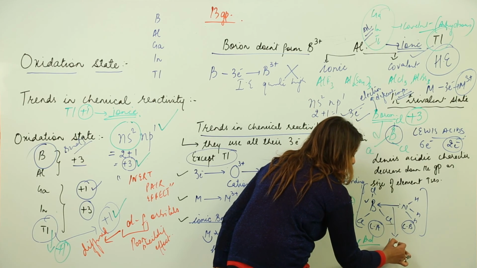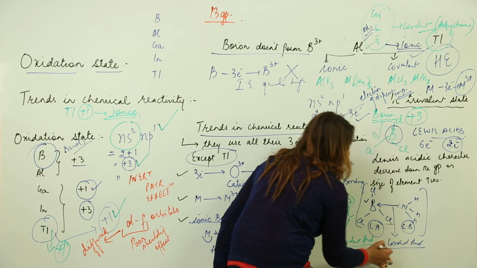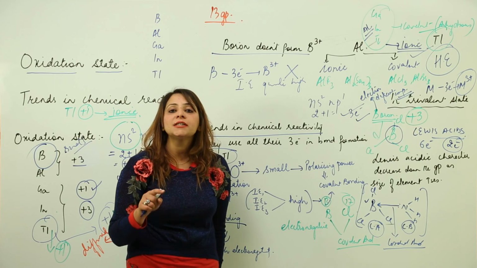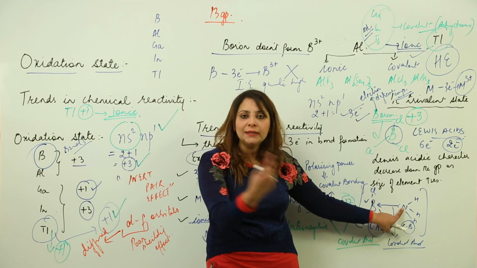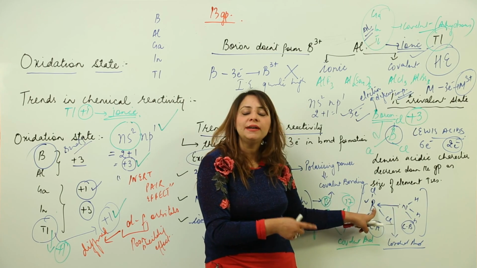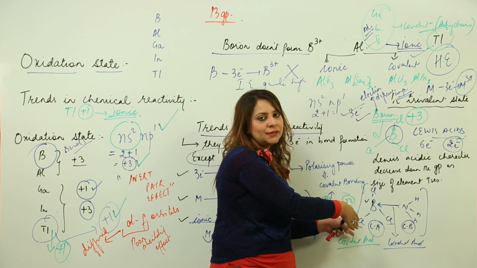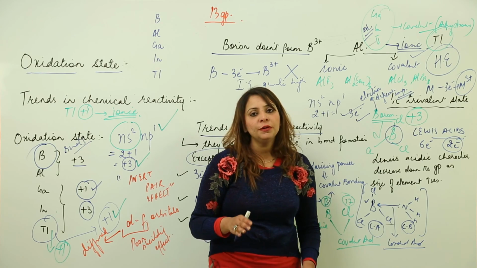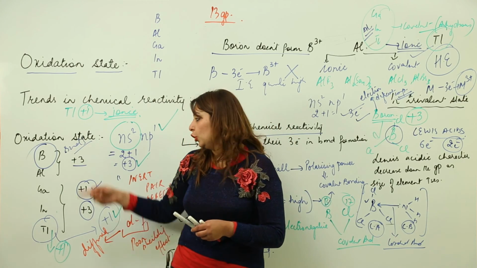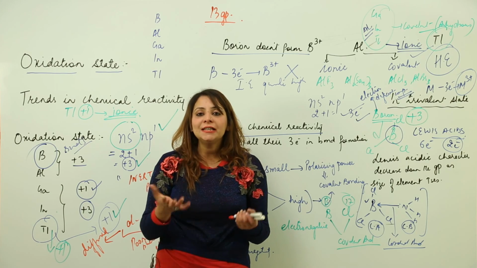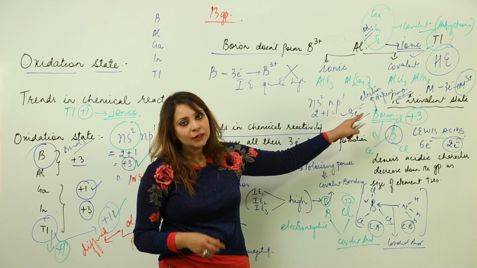This is a coordinate bond. Whenever a bond is formed between a Lewis acid and a Lewis base, it is a coordinate bond, because the electrons are contributed by only one compound while the other is deficient in electrons. We don't need to focus on this; you just need to be familiar that all the boron family compounds in the trivalent state act as Lewis acids. That means they need electrons, so they are electron deficient compounds.